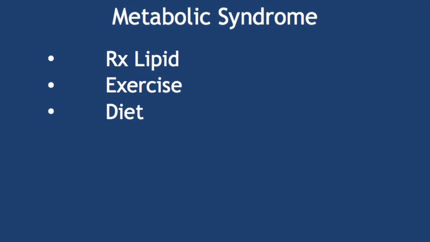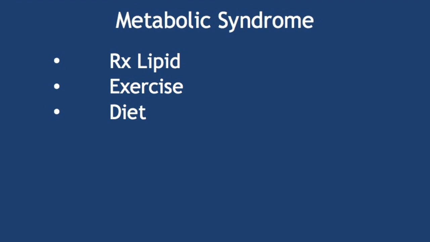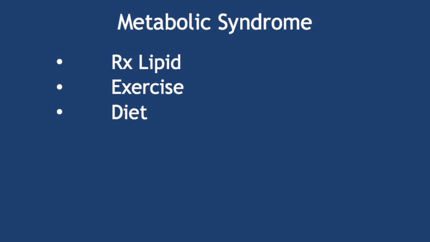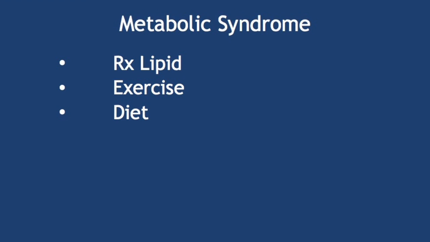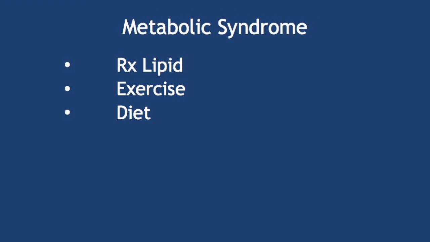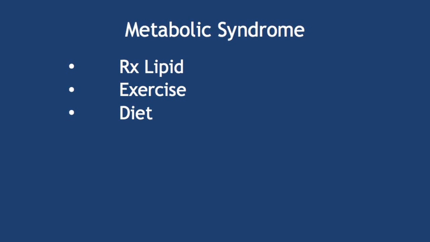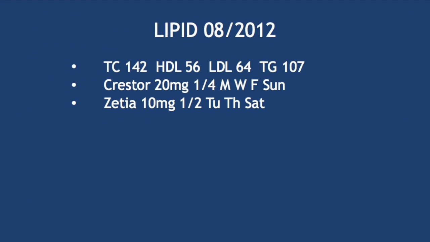He was treated with cholesterol medication and an exercise regimen, initially at least 30 minutes. Then eventually it became 30 minutes plus 10,000 steps a day. And he also initiated a diet.